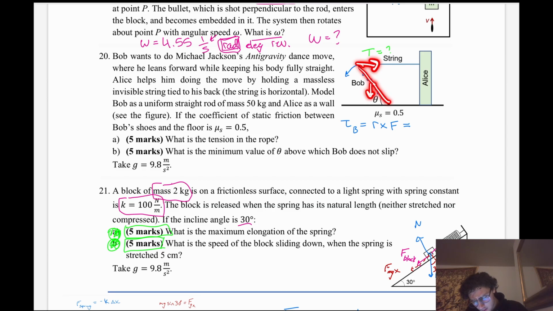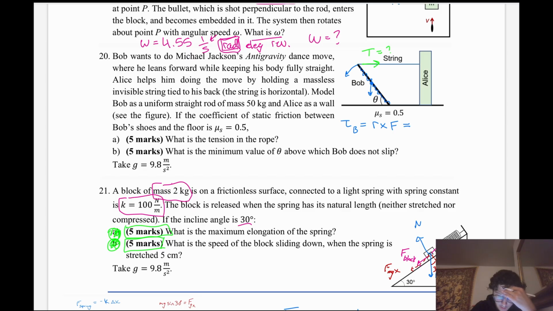So torque Bob minus torque Alice is equal to 0. Torque Bob is exactly equal to torque Alice, and then from that we can find the tension of the string if we had the length of Bob.